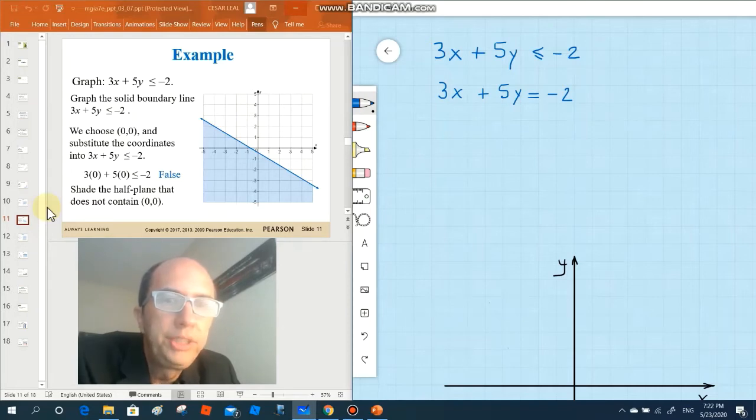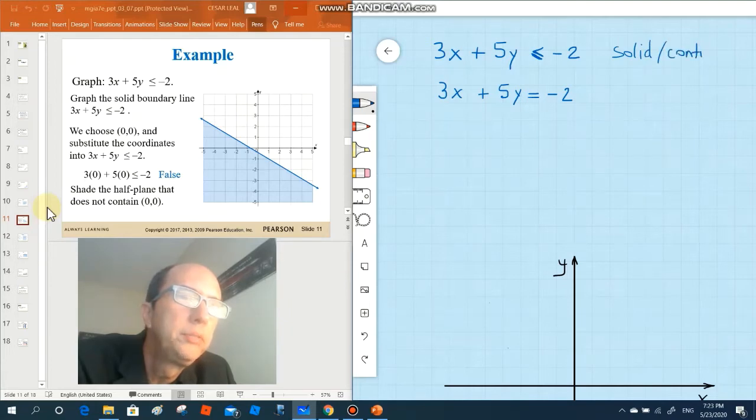Is the boundary line continuous or dashed? If you have this equal sign in the inequality, then it's going to be a solid or continuous line. Okay?